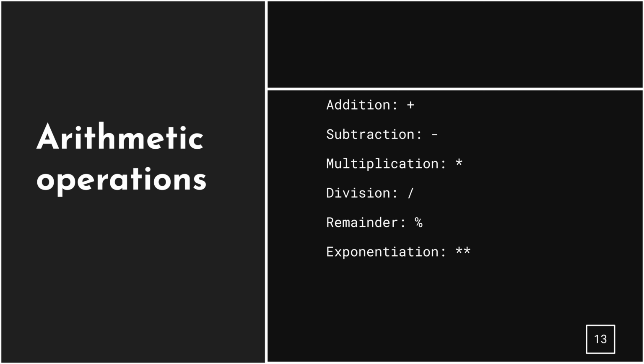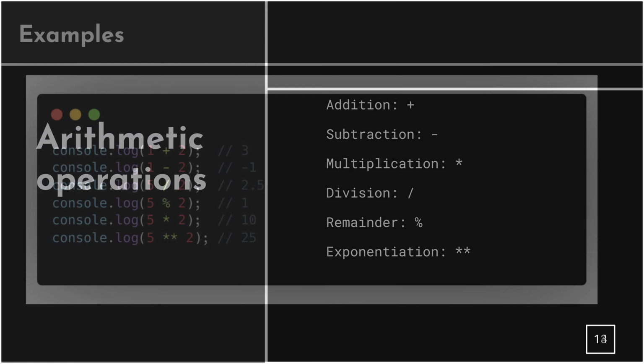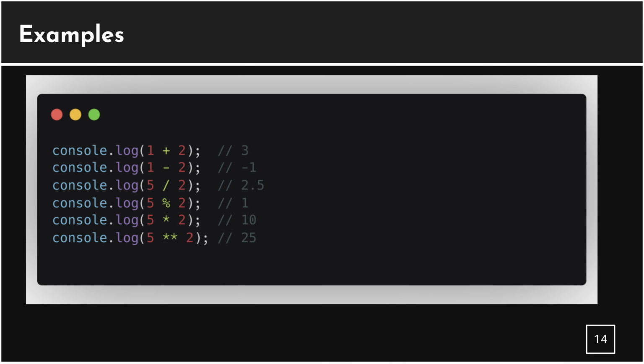The arithmetic operations in JavaScript are addition, subtraction, multiplication, division, remainder, and exponentiation. You will find that in our programs we interact a lot with values and do a lot of computation, so these arithmetic operations are critical in the general flow of many programs. Let's do some examples.